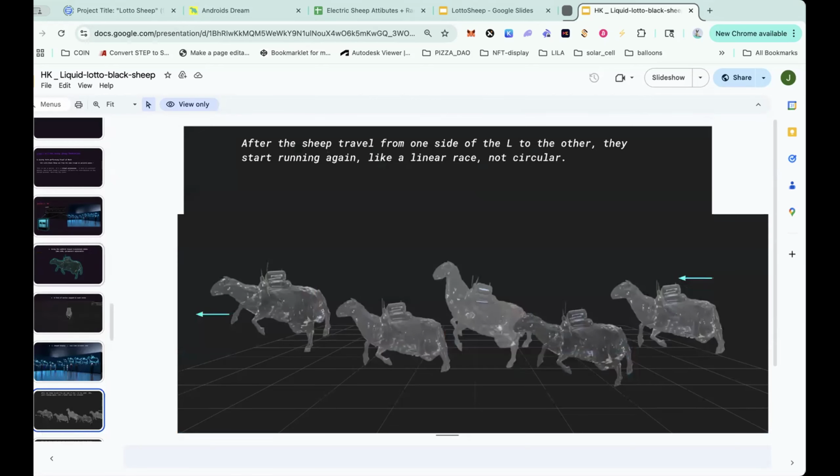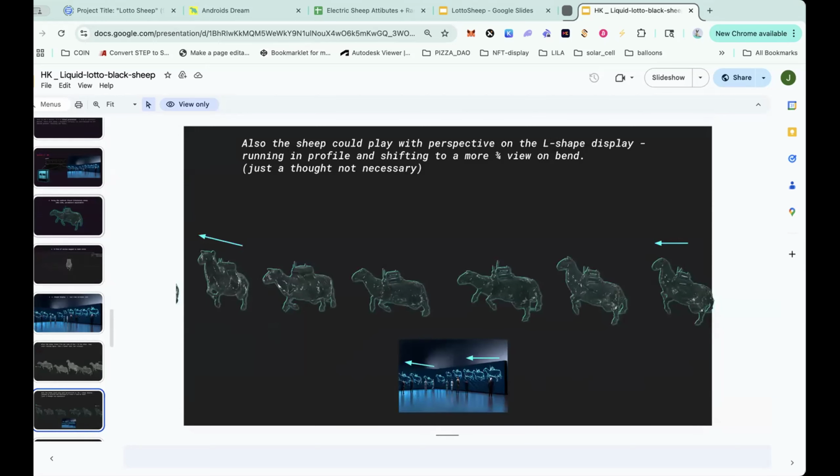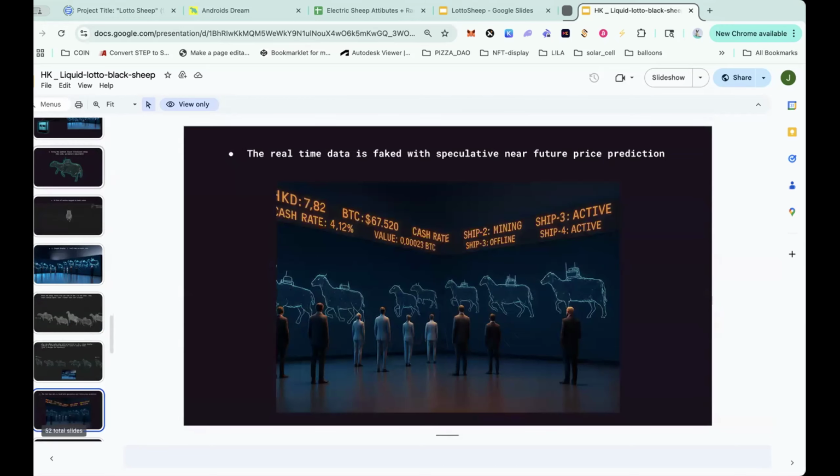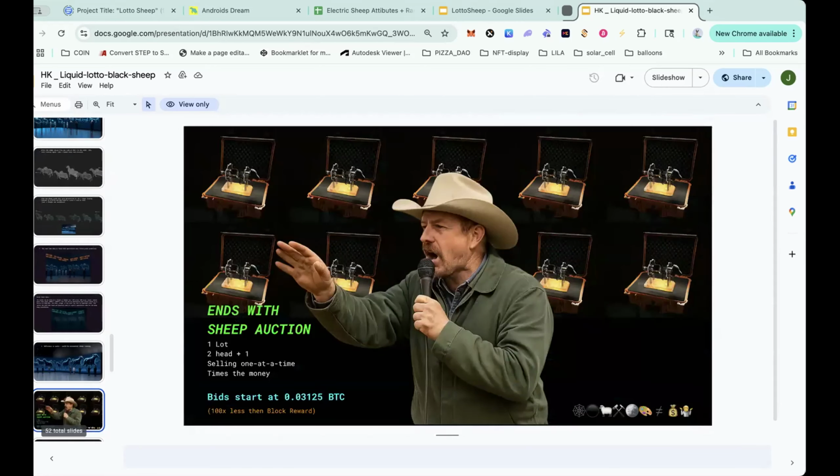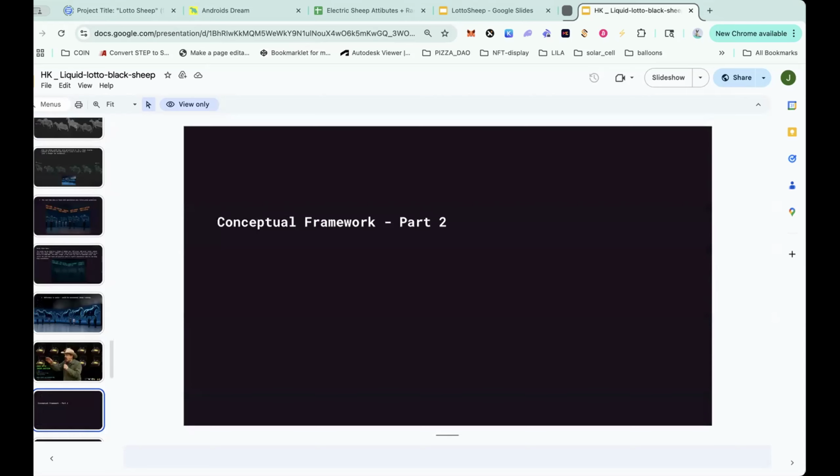And they kind of will look like this. And the scale will be larger than life kind of thing. And then there's kind of like stock ticker info above about different things about how the network's performing.